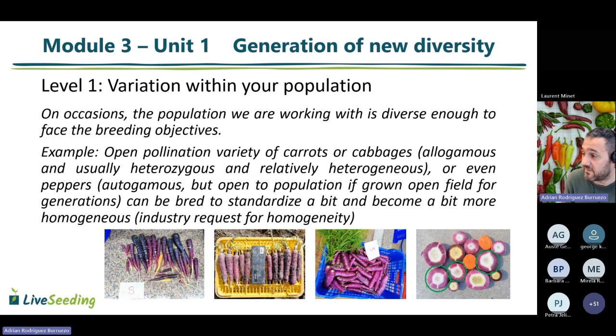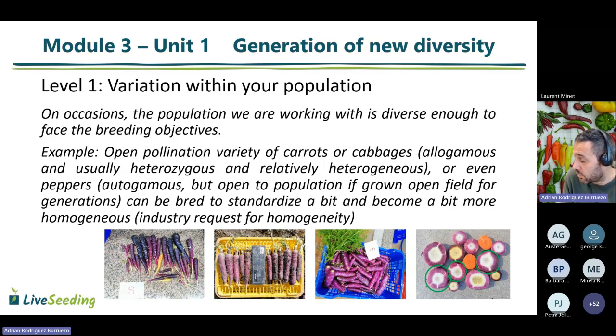At this moment, you can find a relatively heterogeneous population, okay, made of several genetic strains, a mixture, because of their reproductive system and their past.